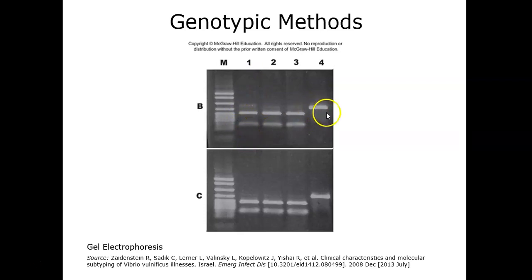The ones that are larger move slower and will stay up towards the top. What we can do is compare different DNA samples to see if they match. You'll notice that all of these here, 1, 2, and 3, have the same banding pattern. Number 4 is entirely different. It does not have the same banding pattern as the first 3.